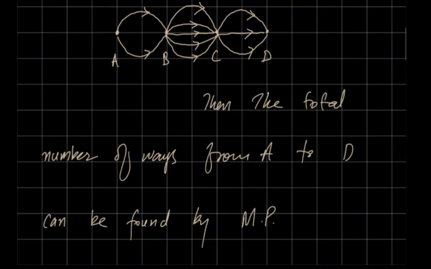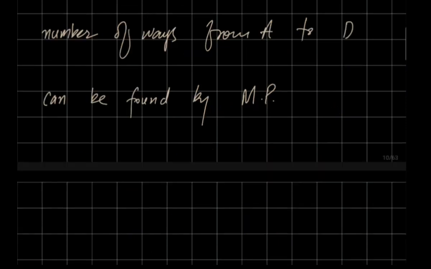the multiplication principle. So in order to find the total number of ways from A to D, we have to use the product rule of counting, or multiplication principle. Because in this case, your task is to go from A to D, where it has three subtasks.